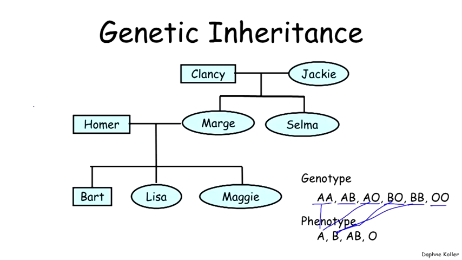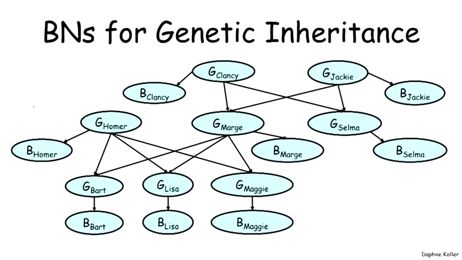So how do we model genetic inheritance in a Bayesian network? Here is a little Bayesian network for genetic inheritance. We can see that for each individual, say Marge, we have a genotype variable which takes on 6 values, one of the 6 values that we saw before, and that the phenotype, in this case the blood type, depends only on the person's genotype.